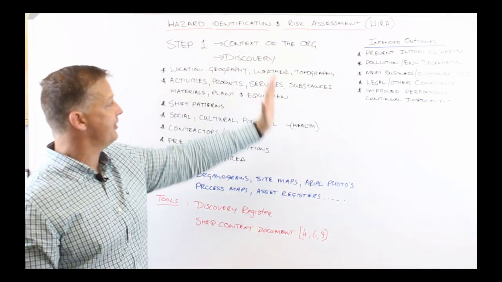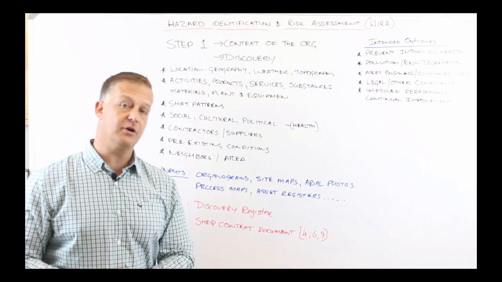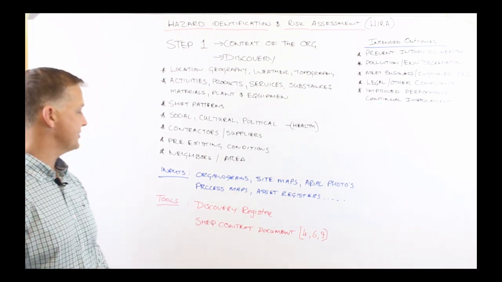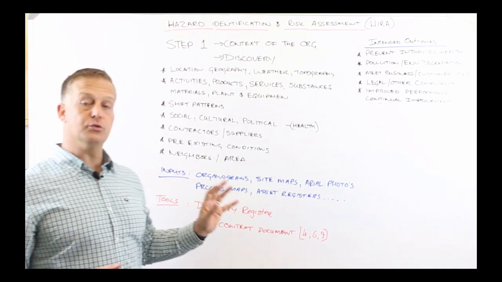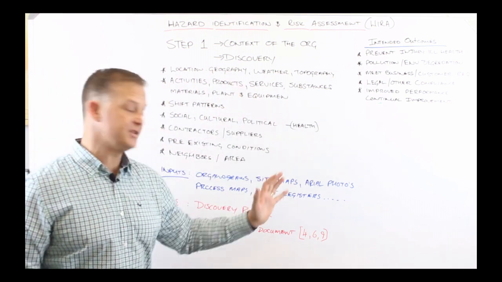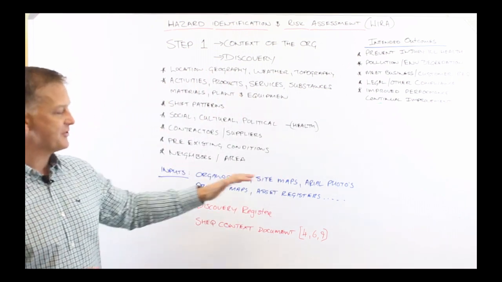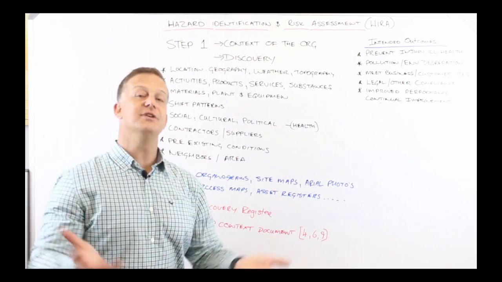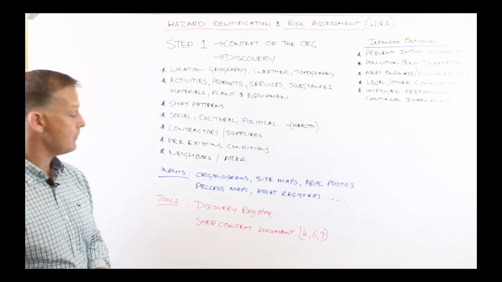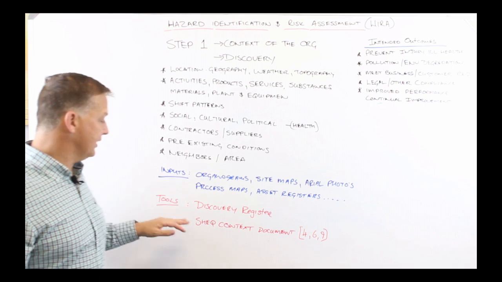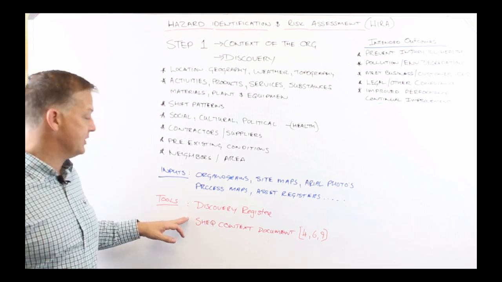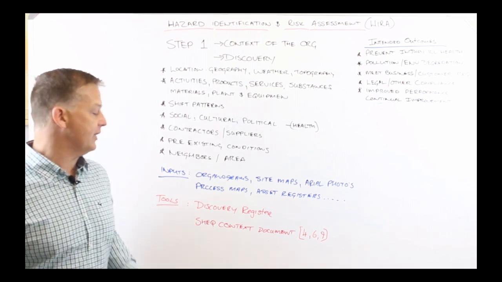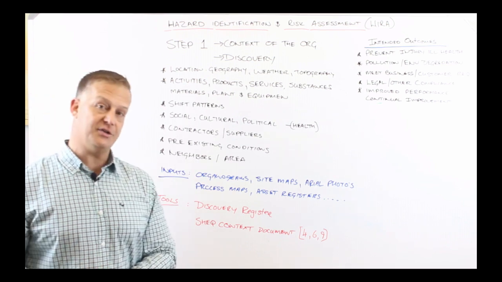So those are some of the things that we look at in terms of the context of the organization and discovery. Some of the input tools that you can utilize to garner this information would be organograms, site maps, aerial photographs, process maps, asset registers, to name but a few. So to carry on this vlog, we're going to take you through two of the tools that we utilize, one being the Discovery Register and the other one is the SHEC Context Register.